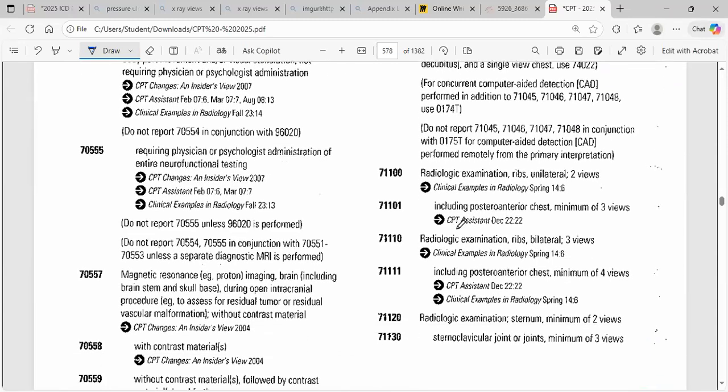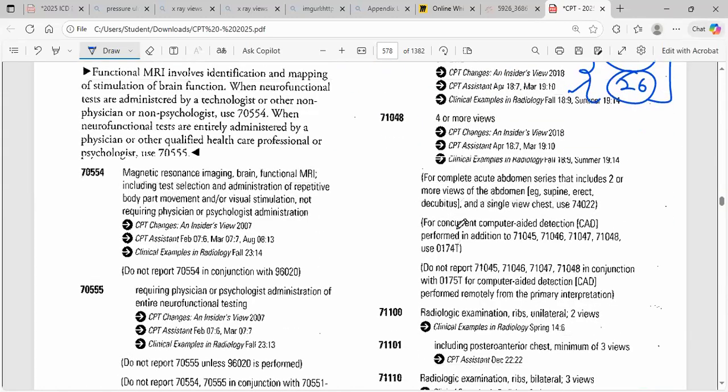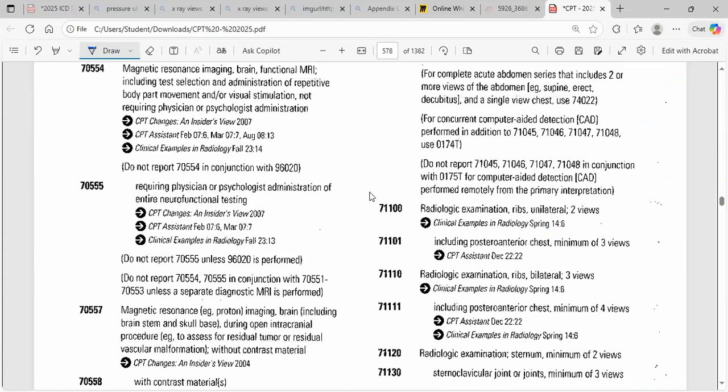Okay, I have one question here. So here you can see we have these two codes, 71100 and 71101 also. This one is unilateral, two views, and this one includes posterior anterior chest, minimum of three views.